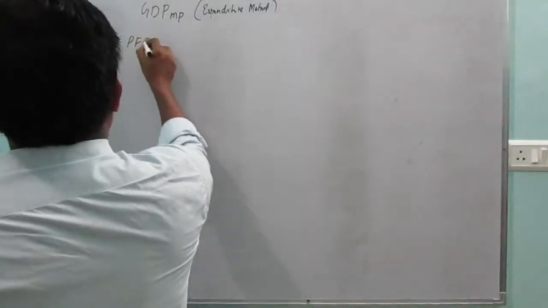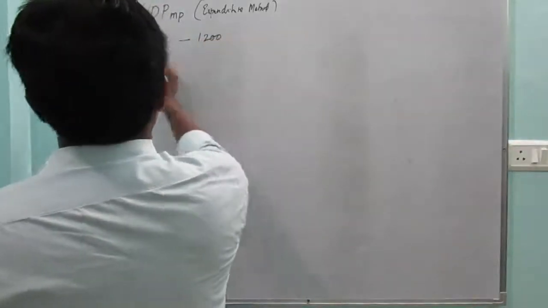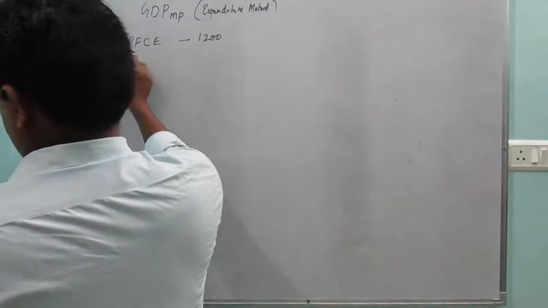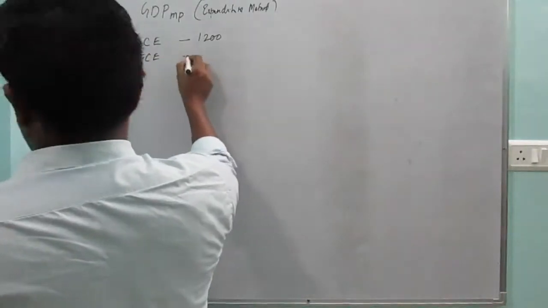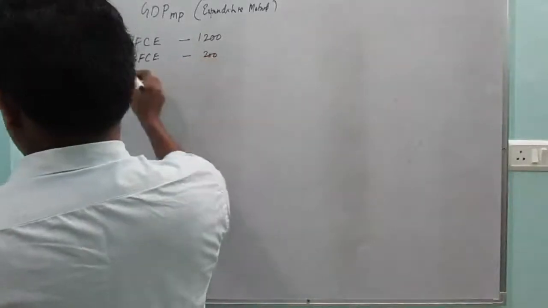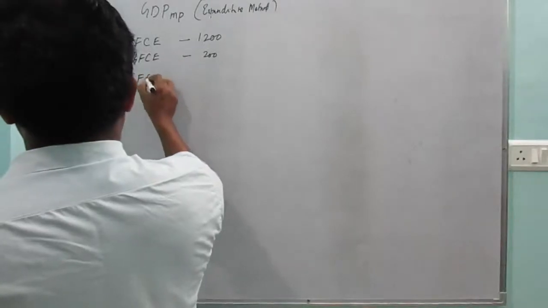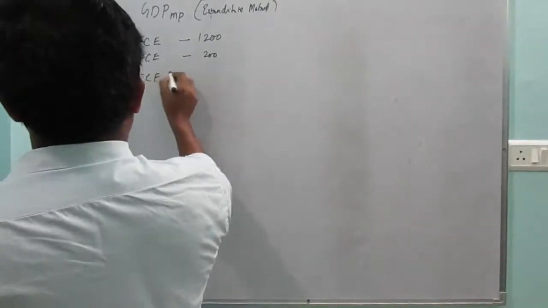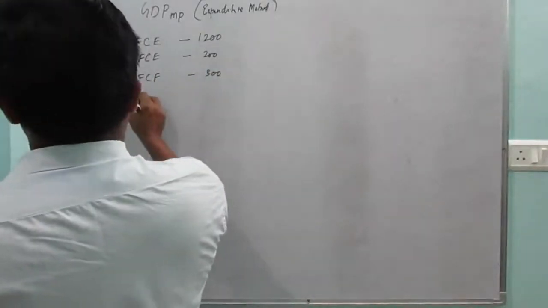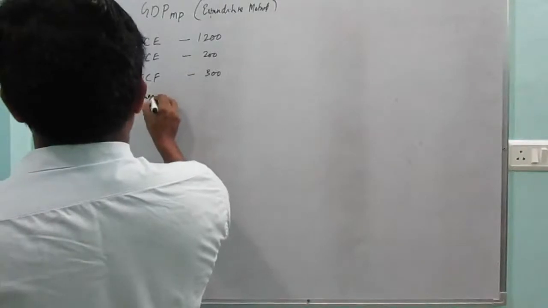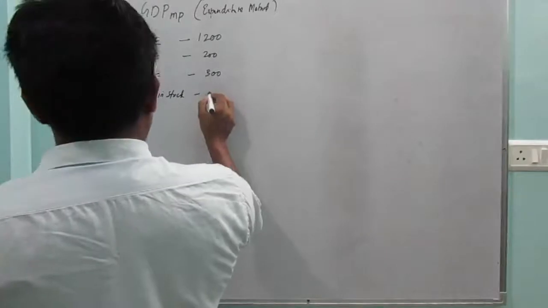Private final consumption expenditure 1200. Government final consumption expenditure 200. Gross fixed capital formation 300. Change in stock 400.